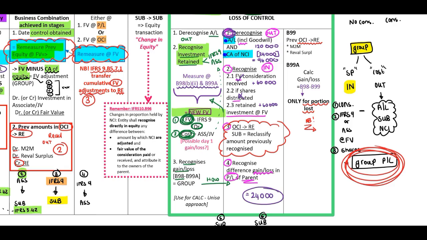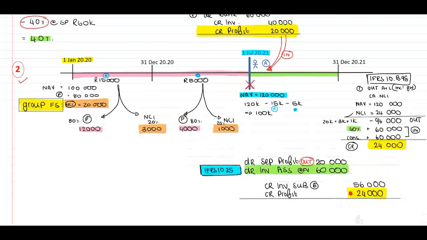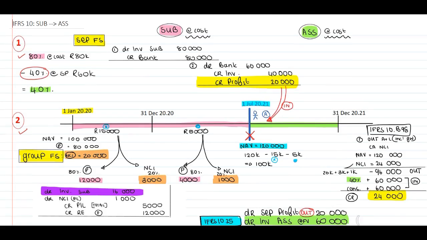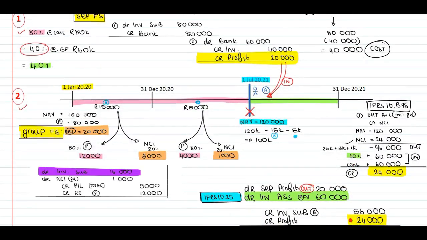Therefore, if you look at the separate records here, at the top, our investment is still included at cost because originally this was 80,000 and we took out 40,000 and we have 40,000, which is still our original cost. But for group purposes, it's 60,000. And then, as always, our journal will balance.